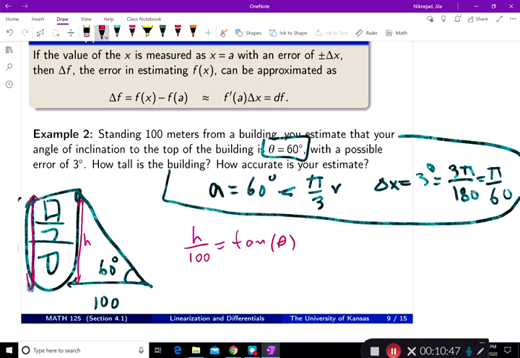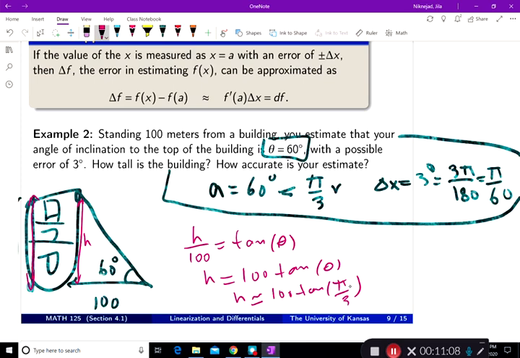And theta is pi over 3, so height is equal to 100 tangent of theta, approximated by 100 tangent of pi over 3.